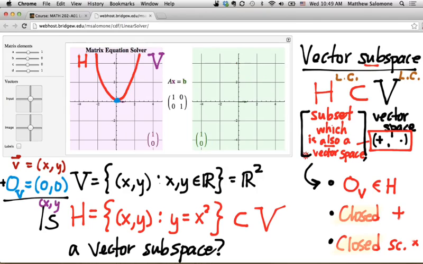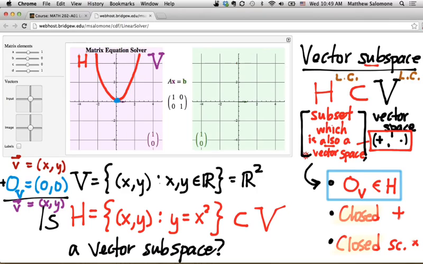That's what makes the zero vector: when I add it to any vector v, I get v back. It's the additive identity. Nothing happens to a vector when we add the zero vector to it. So that's how we know the zero vector is the zero vector. So if that's the zero vector of V, then our first question is, does the zero vector of V belong to our subset? Yes or no?